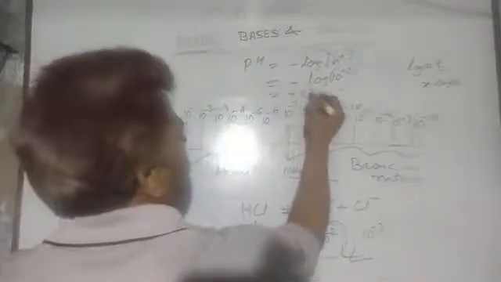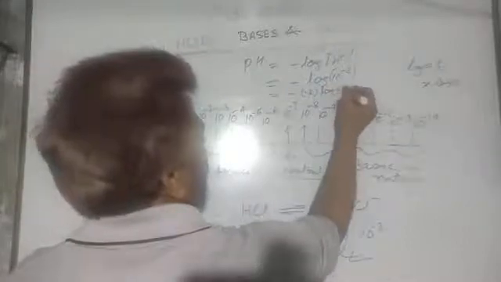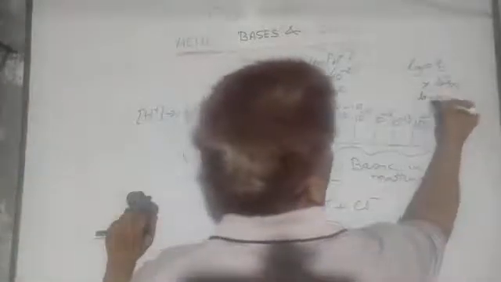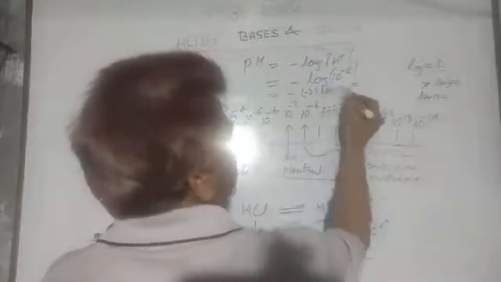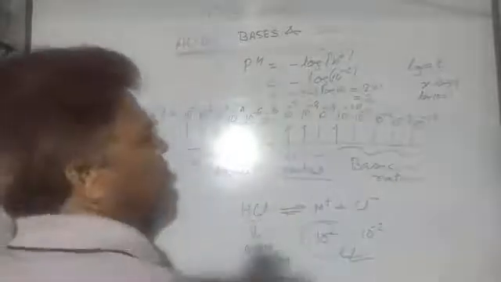You have written that log A to the power x equals x into log A. On that basis you can write minus, minus 2, this power comes in multiplication, and log 10. You have written that log 10 equals 1. So minus into minus 2 and log 10: minus minus becomes plus in multiplication, so you can write 2, and log 10 value is 1. So that is 2. So the pH value is 2.